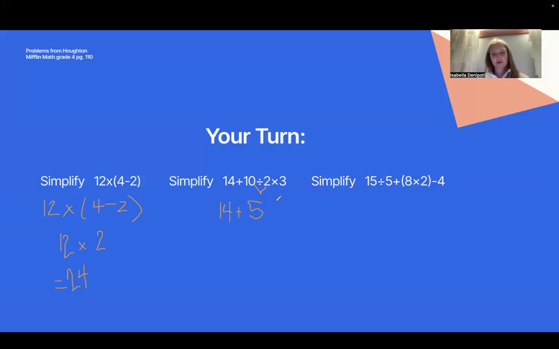And then you also bring down the multiplication sign and the 3 on the other side. And then we are not done with multiplication. So again, we ignore the 14 and the addition sign, and we do 5 times 3, which would equal 15. And then now you bring back the 14 and the addition sign, and you have 14 plus 15 to get the solution 29.